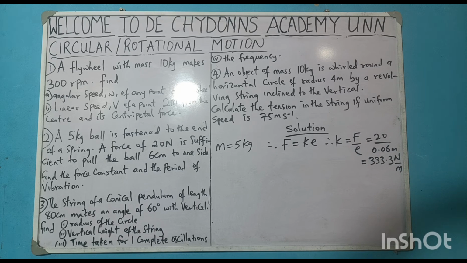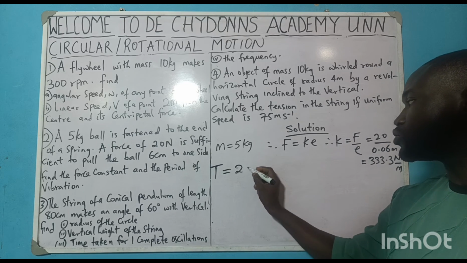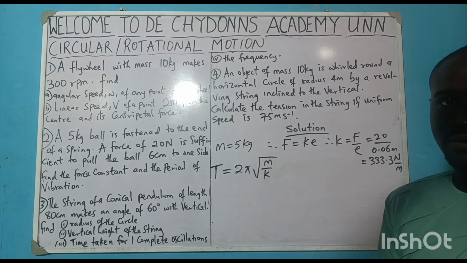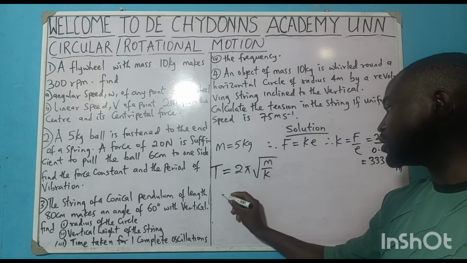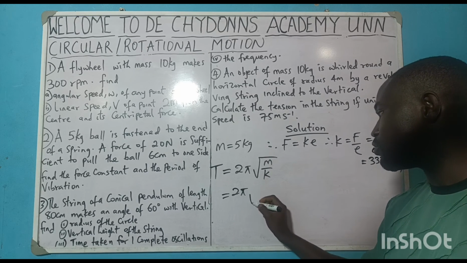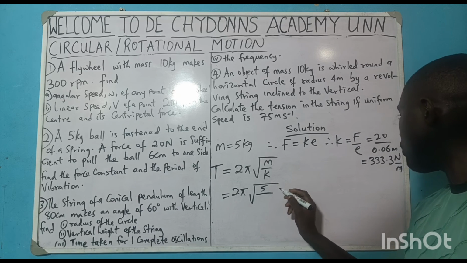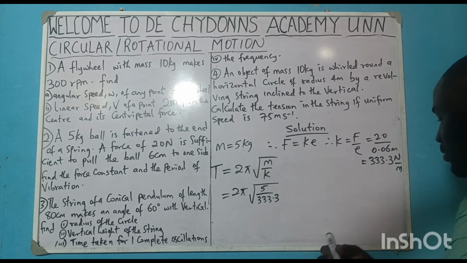Then the period of vibration. Period is equal to 2 pi root m over k, as I said before. So it is equal to 2 pi root, your m is what? 5, all over what? 333.3.